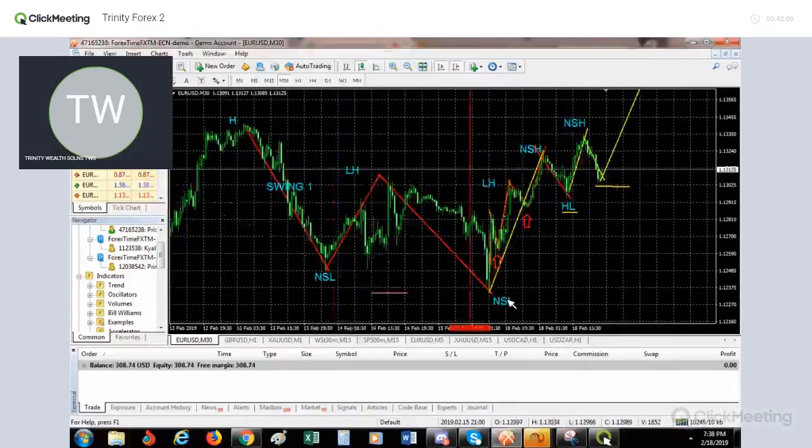So that's it about the main swings, and then you have the new structure lows and the new structure highs, unless there's a question before I move from here. So basically what has changed is that the higher highs have changed to new structure highs, and the lower lows have changed to new structure lows.